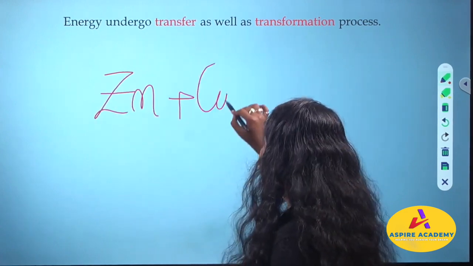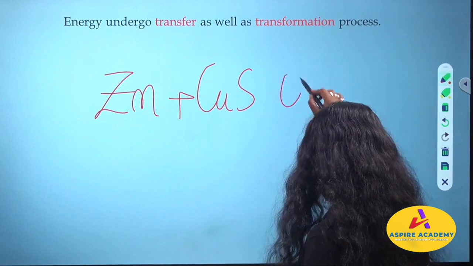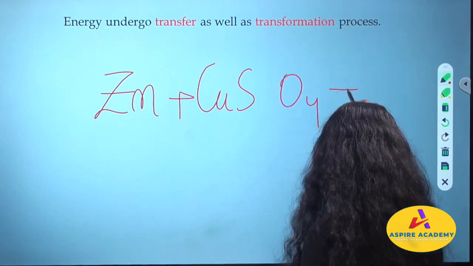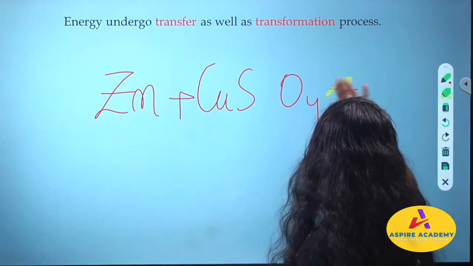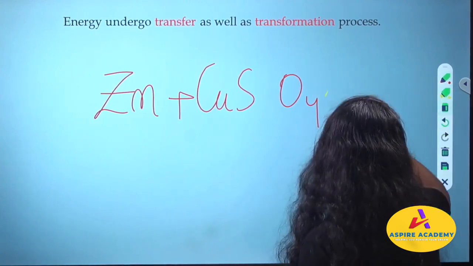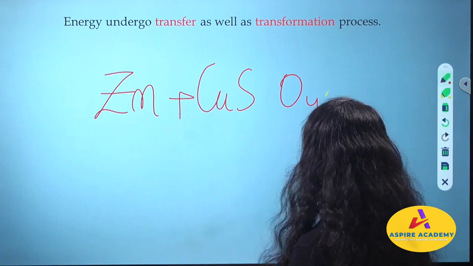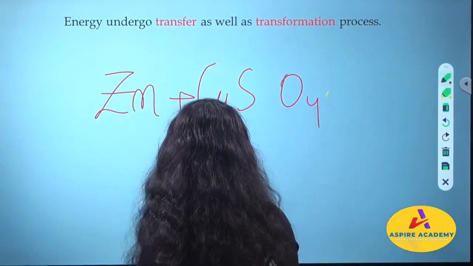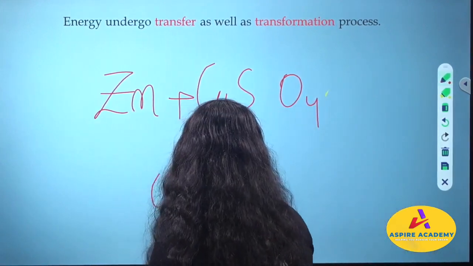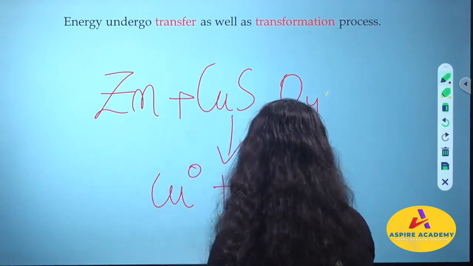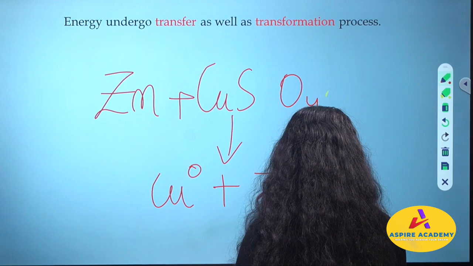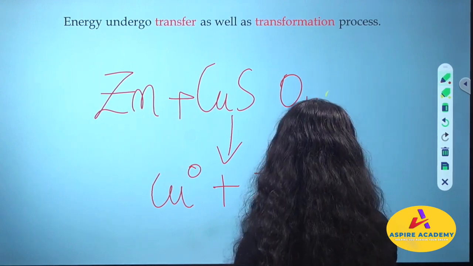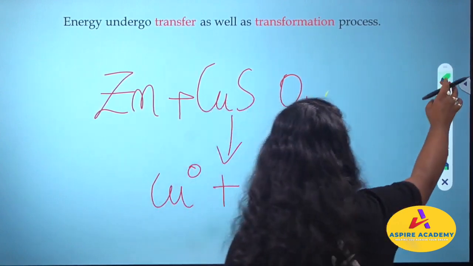Zn plus CuSO4 is giving Cu, oxidation state 0, plus ZnSO4.